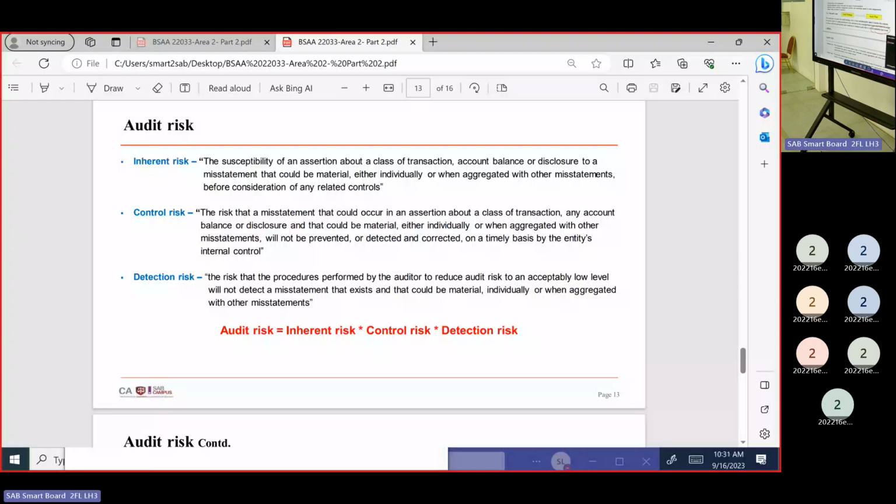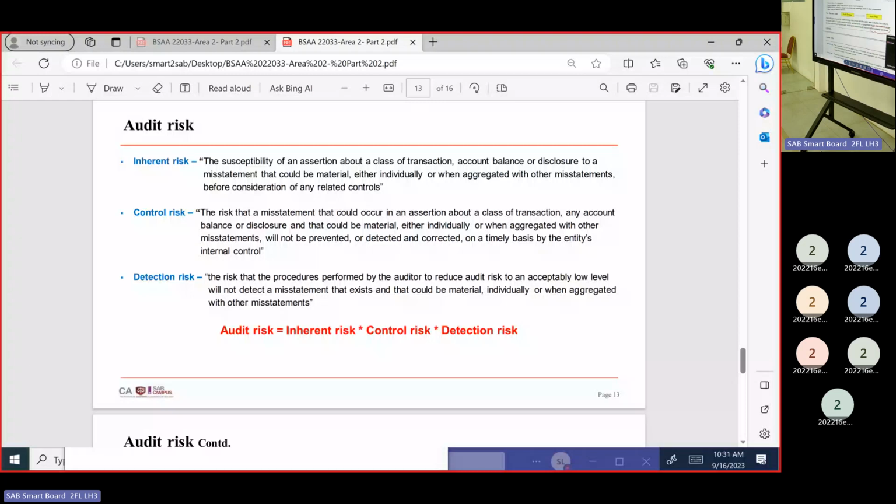As a result of these three elements, inherent risk, control risk, plus detection risk, the auditor gets a risk. Because of this risk, there's a doubt of issuing an incorrect opinion. For issuing an incorrect opinion, inherent risk may be impacted, control risk may be impacted, detection risk may be impacted.